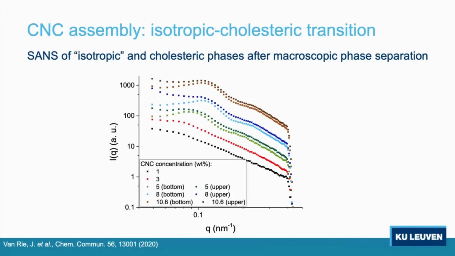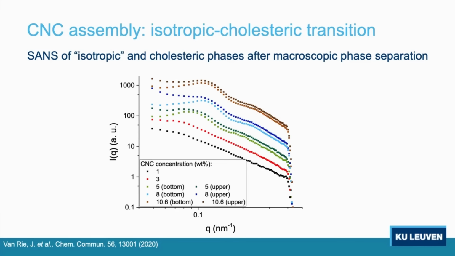But if you have phase-separated systems, where you have an isotropic and a chiral nematic phase, then you will actually see, if you take SANS measurements, the light one is the chiral nematic, the dark one is the isotropic.